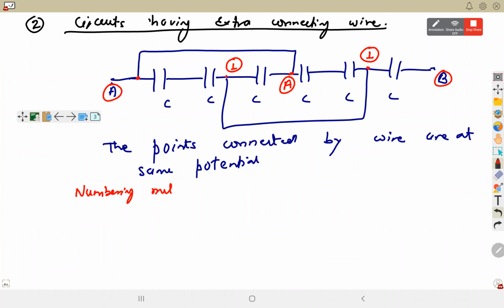After doing the numbering, we will start redrawing the circuit, taking endpoints A and B and midpoint as 1. Draw the circuit's capacitors one by one. First capacitor is between A and 1, and there are two capacitors C and C in series.